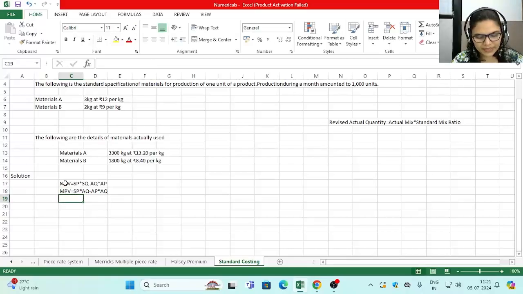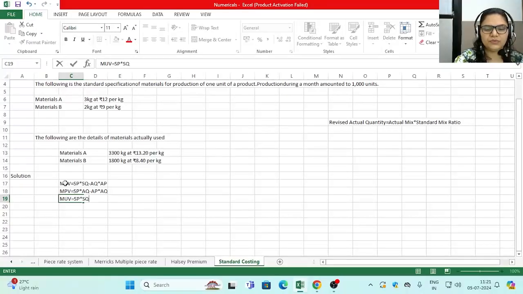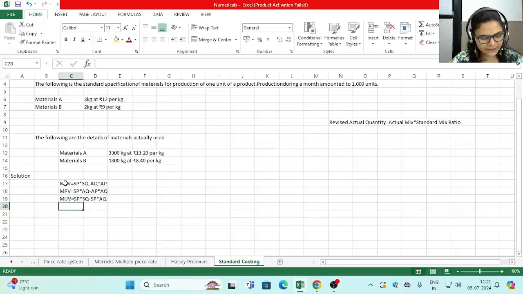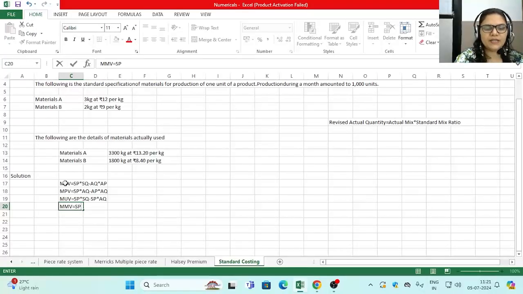Next, material usage variance is equal to SP into SQ minus SP into AQ. Next is material mix variance. Material mix variance is equal to SP into RAQ minus SP into AQ.